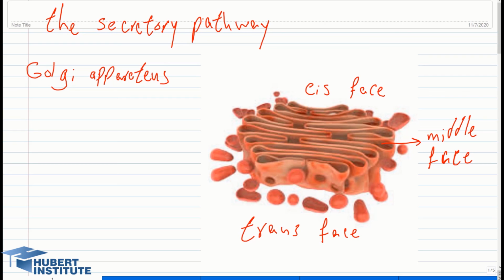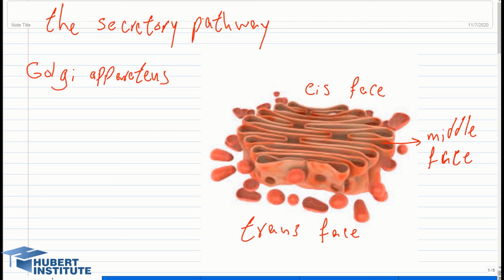The vesicles exported from the trans face of the Golgi apparatus will be directed towards the membrane or lysosomes.